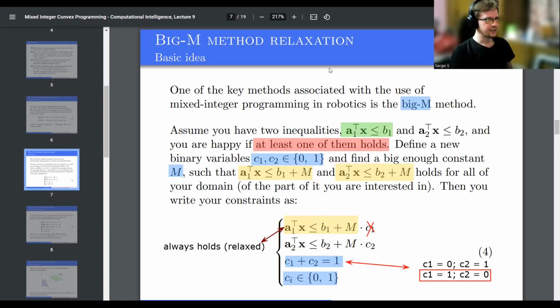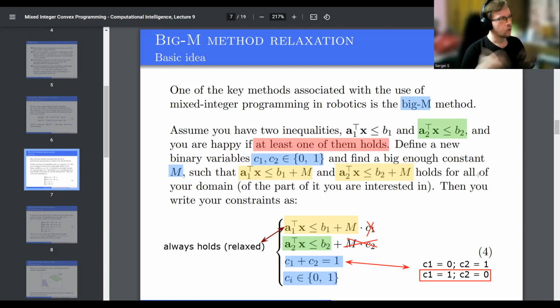What happens with the second constraint? Well, here C2 is 0, so this whole part goes away. And we are back at our original constraint that we saw above. It becomes the same as this. So we can see that choosing C1 to be 1 or 0 makes you choose which region we are going to have.